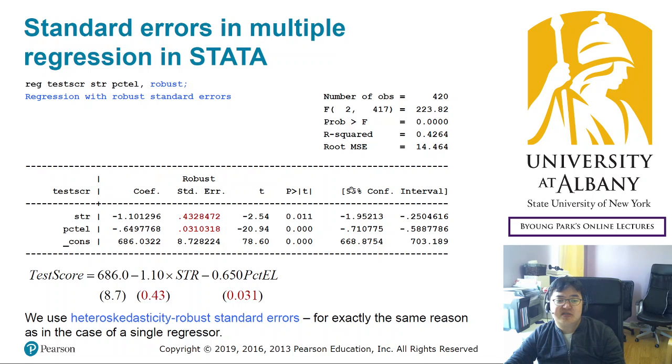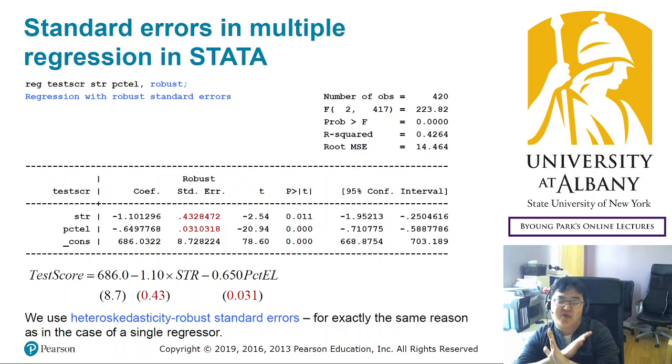Or you may consider the confidence interval. The 95% confidence interval is calculated in the same way based on this estimate and this standard error. Then the confidence interval is from minus 1.95 up to minus 0.25. So any point on this interval is a negative number. According to the 95% confidence interval, the effect of student to teacher ratio is negative.